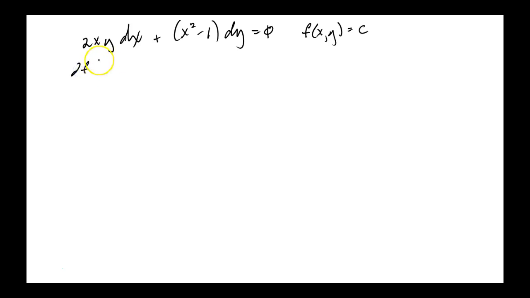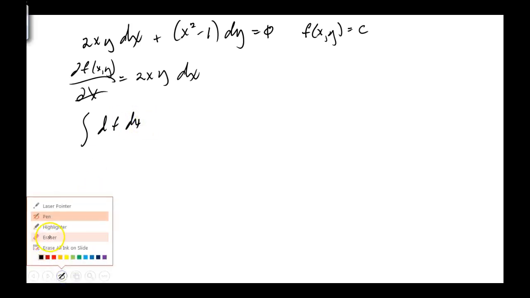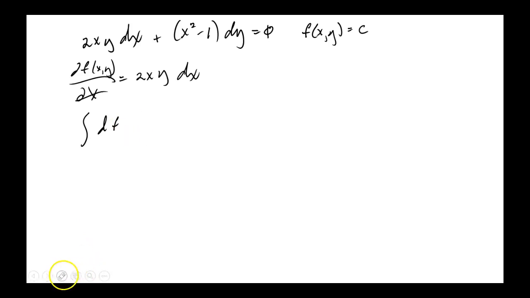Partial of f of xy with respect to which? With respect to x, that's going to be equal to what then? M, which is 2xy. Perfect. Now, treat it as if those were derivatives, not partials, and you're going to integrate the derivative of f, df. We don't need another d in there.